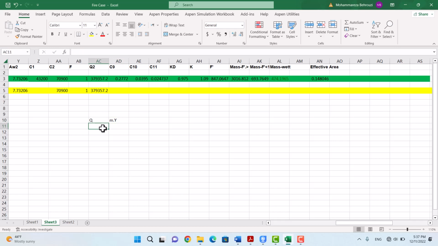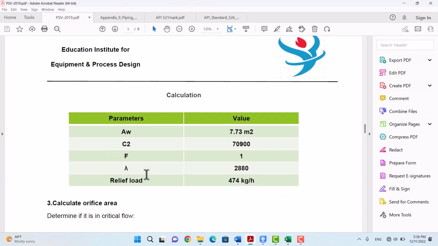Since I want to calculate the mass flow rate, I have to divide the total heat input to the vessels by the specific heat. So I have calculated this, and I need some information about the specific heat. The specific heat lambda ratio is this value.